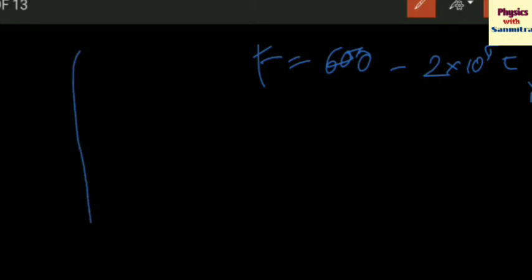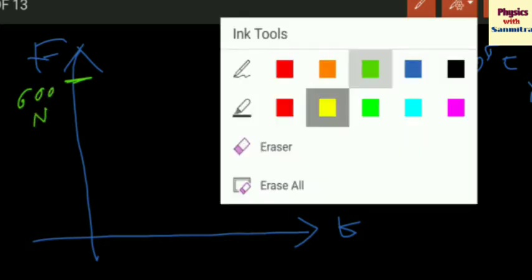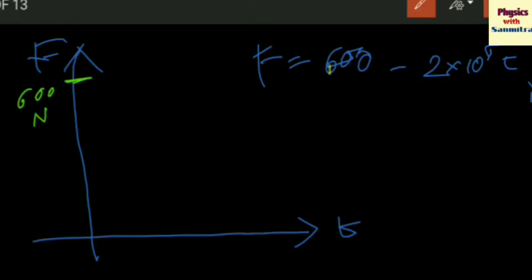Now let me plot the graph. This is F, this is t. This is 600 Newton. Now let me find at which time it will be 0.